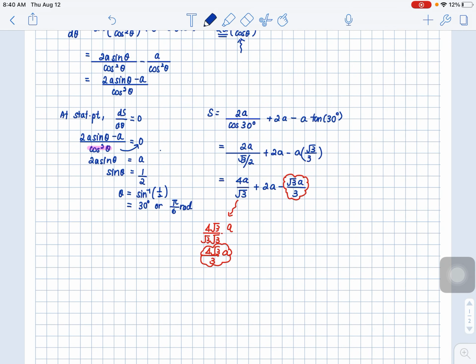That will give us, you can factorize or you can leave it as it is. That is going to be the value of our S.